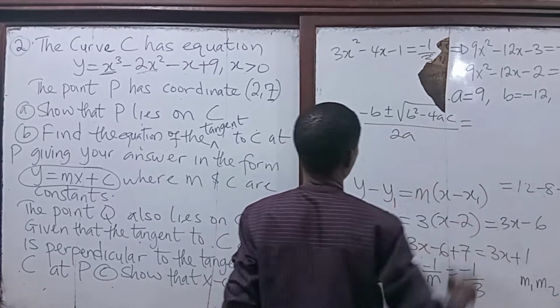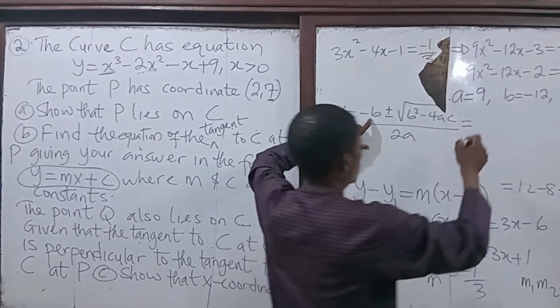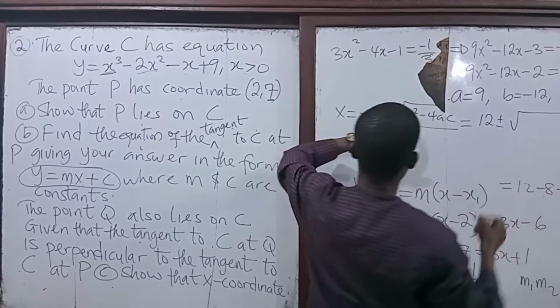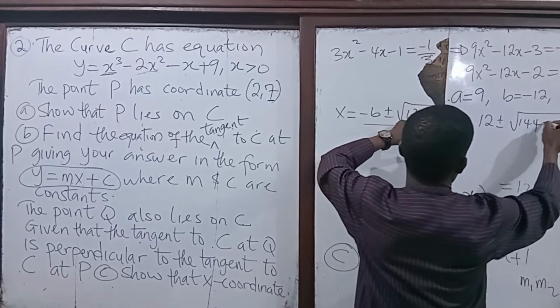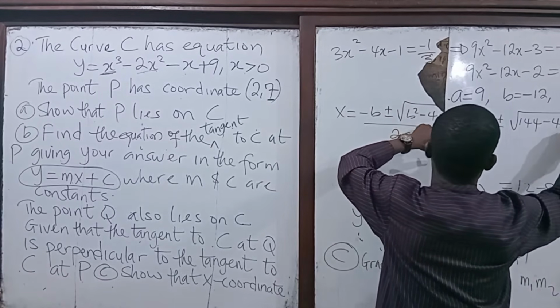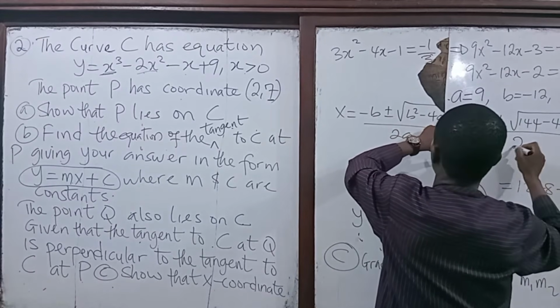Make your substitution. My b is -12, that becomes 12 plus or minus the square root of b squared, which is 144, minus 4 times a, my a is 9, times my c, which is -2, all over 2 times a.